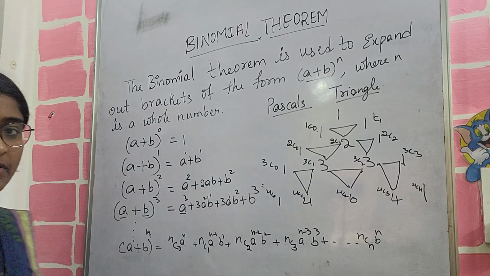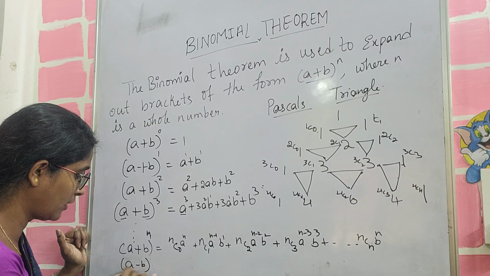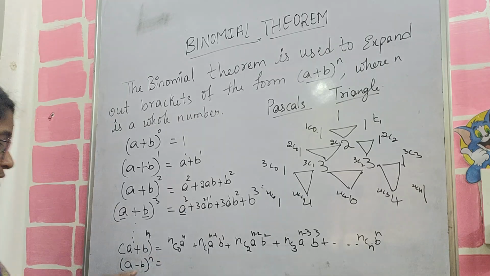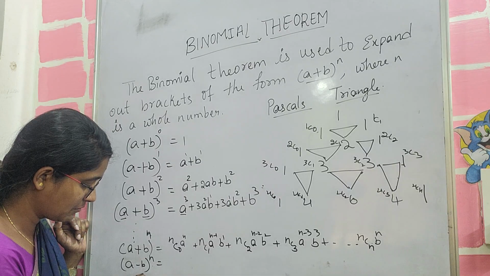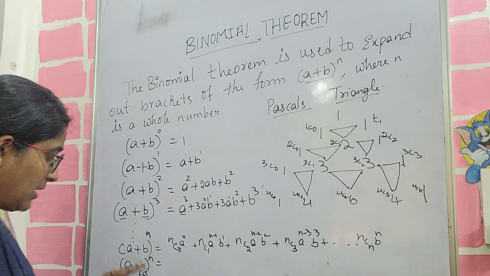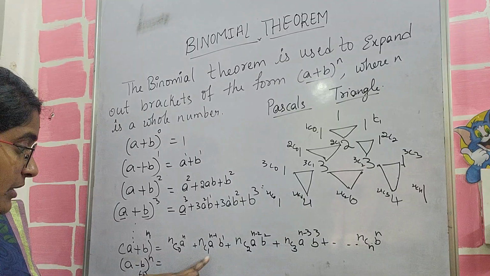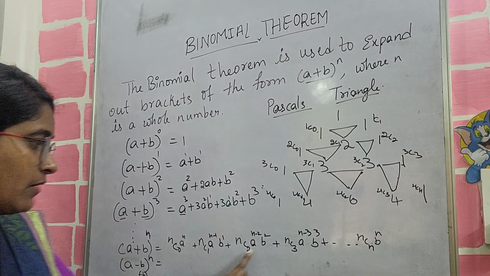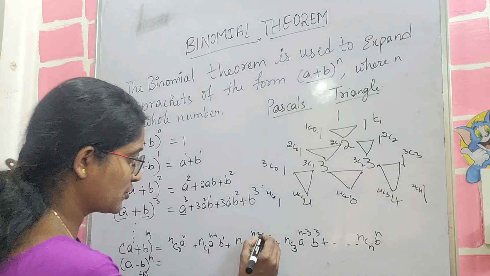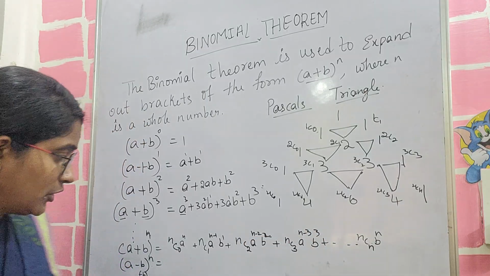Then if I have a negative in between, suppose (a minus b) whole power of n, you can keep the minus, suppose I write it as a plus of minus b. If you substitute it, wherever you get b power of 1 it is a negative, b power of 2 becomes a positive again, then b power of 3 is a negative. So alternately you are getting a negative.